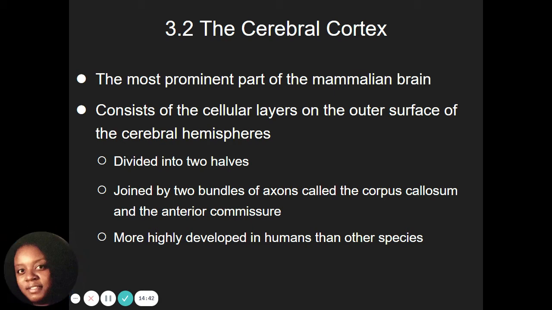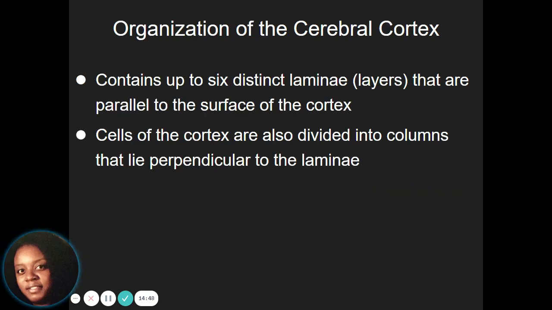It is most developed in humans, much more than any other species that we've studied. Organization of the cerebral cortex: it is organized in 6 distinct layers, and cells of the cortex are divided as well.